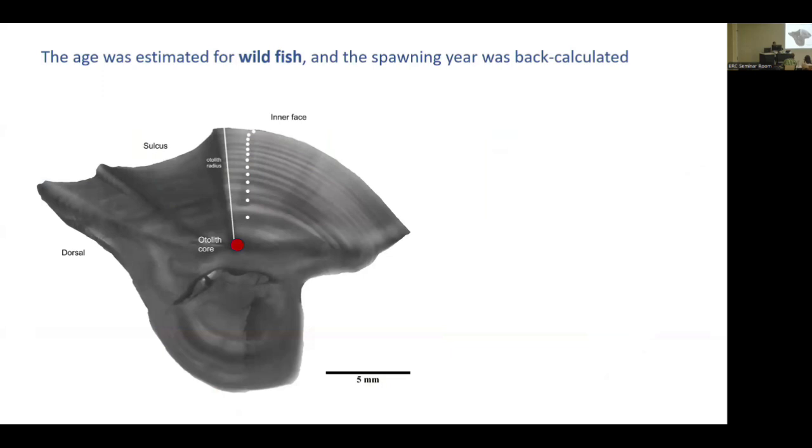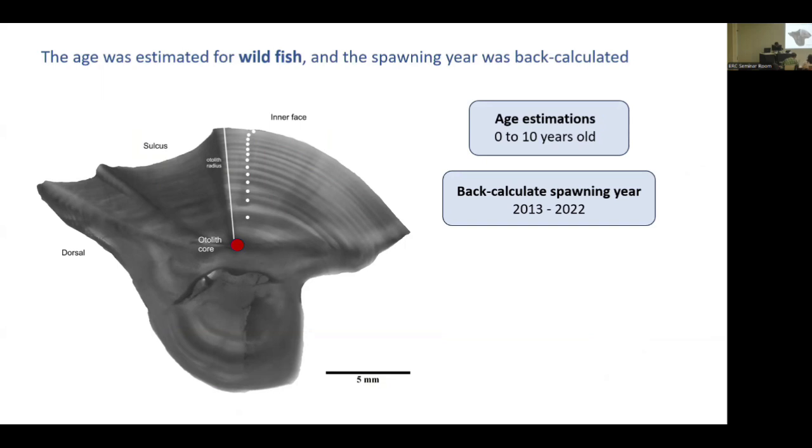So also for the wild fish, we read the age, reading the rings from the core to the edge of the otolith. So we have fishes from 0 to 10 years old, and because we know the age and the year when they were caught, we can back calculate the spawning years.